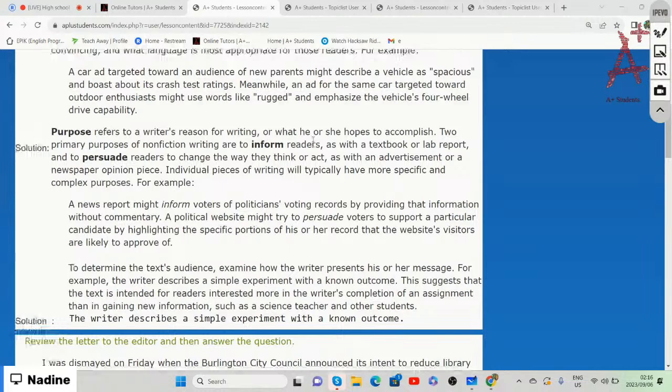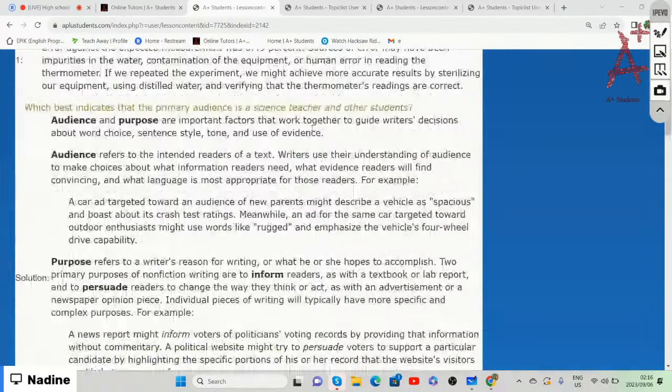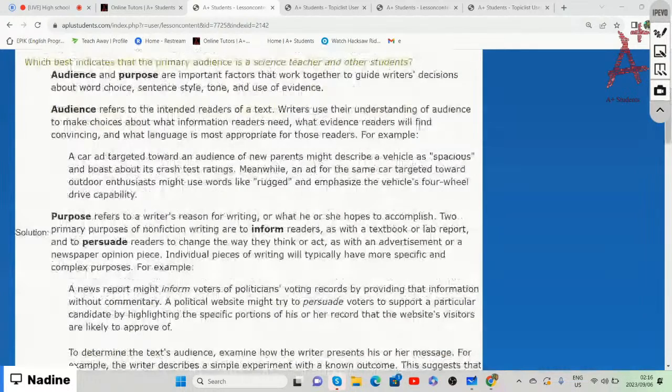All right. So once again, audience and purpose are important factors that work together to guide this decision. There needs to be an intended audience, right? Readers of a text. We need to understand the audience.